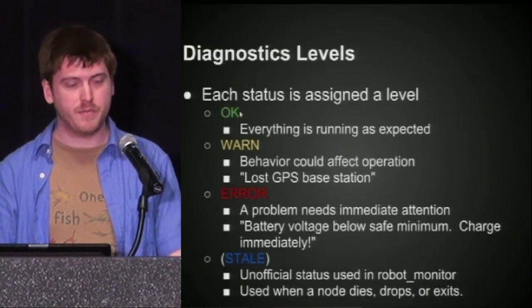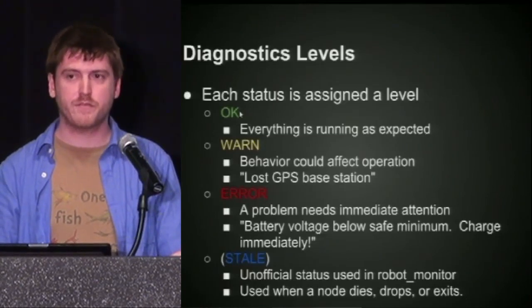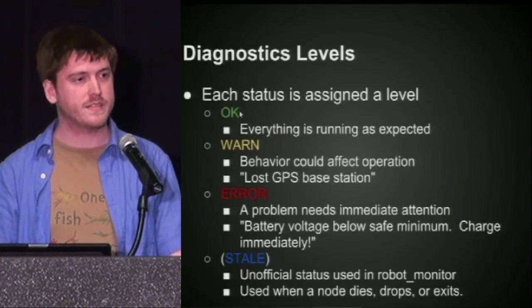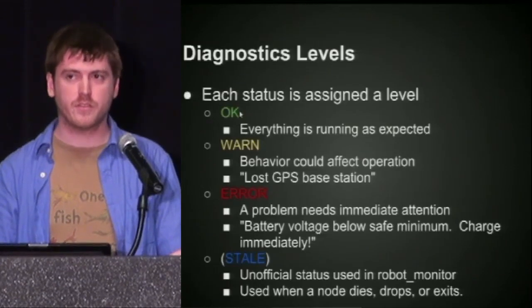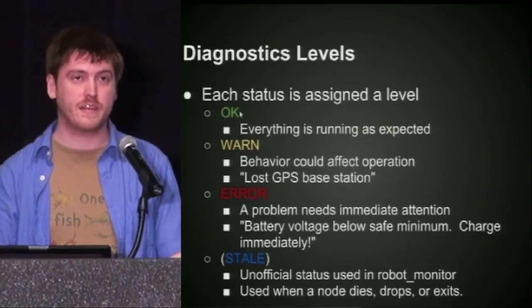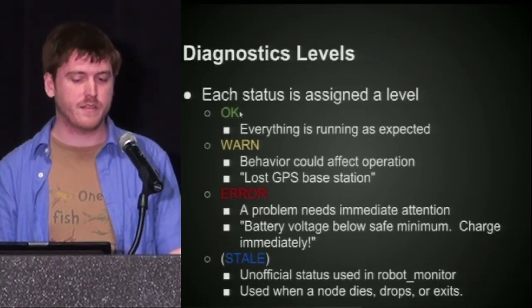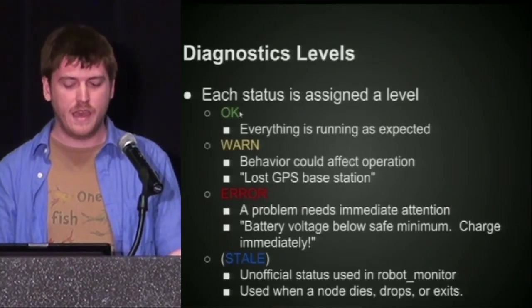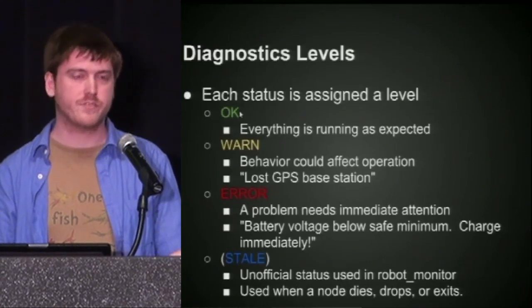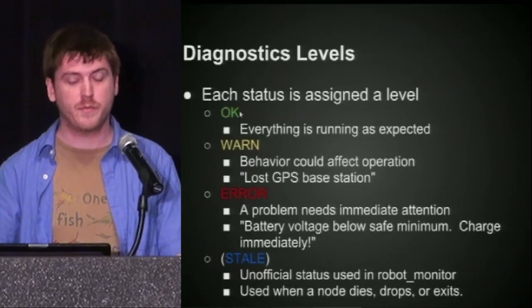An error is a problem that needs immediate attention, so this would be if your battery voltage dropped below the level that's safe for your batteries, then you could alert your user that there's an error and that they need to recharge immediately. And then finally, in the tools, you'll see a fourth one known as stale, and this is used when a node dies, drops, exits, or otherwise freezes, and you do not get new information.